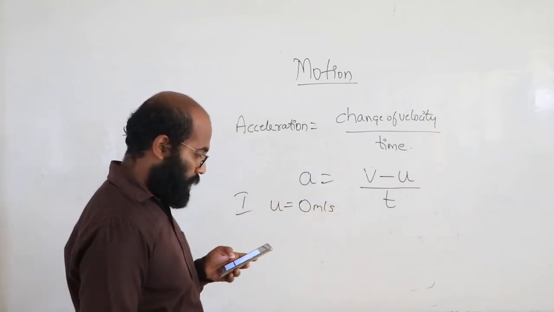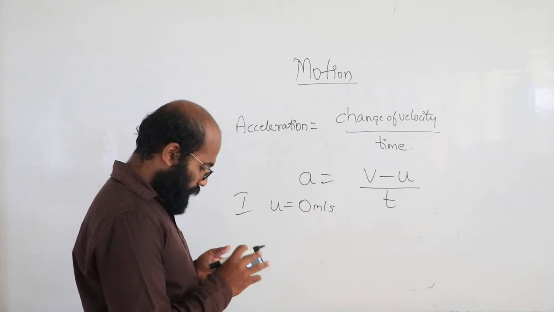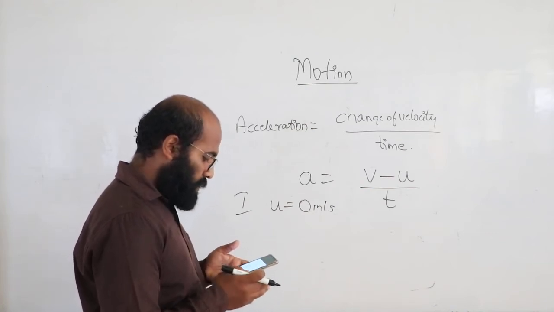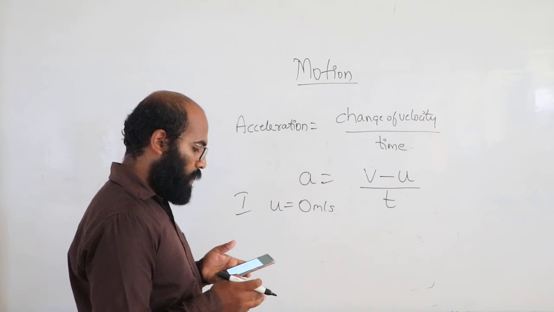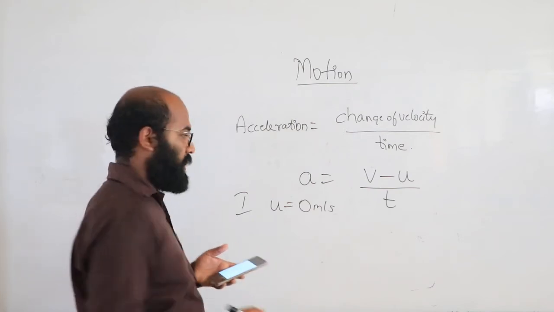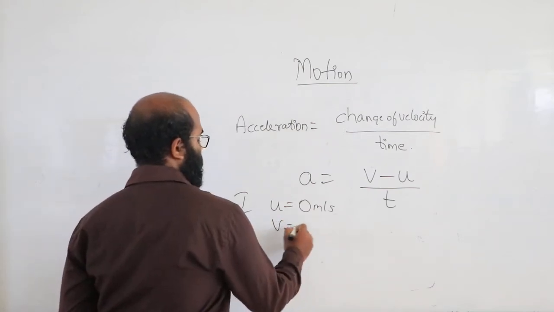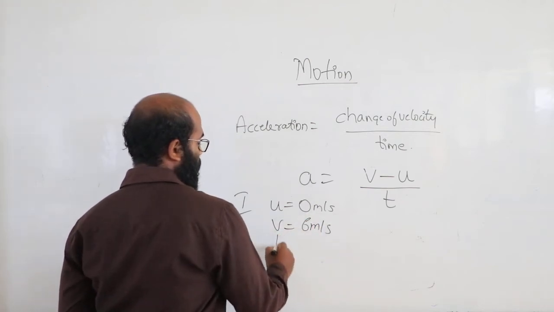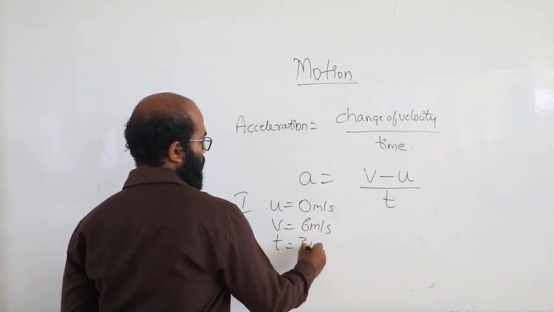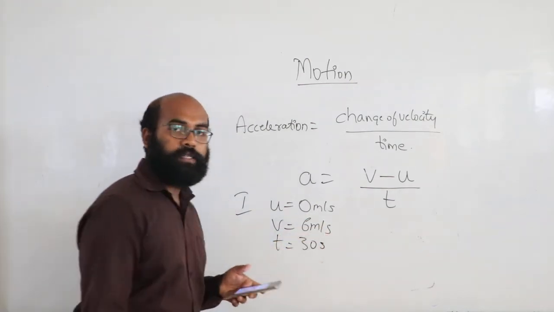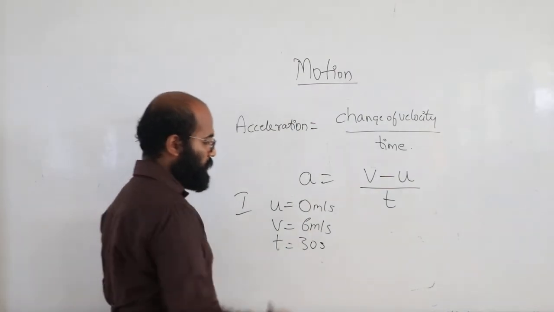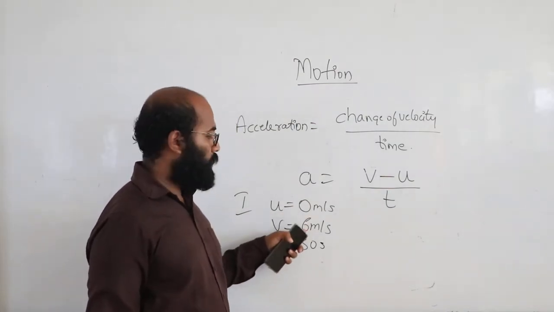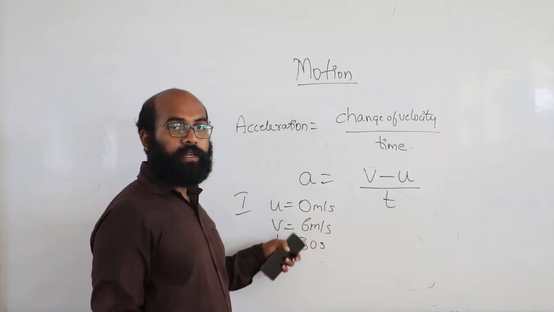Next, he pedals his bicycle to attain a velocity of 6 meter per second. So finally he attains a velocity of 6 meter per second. The time that he takes is 30 seconds. So starting from 0, he goes to 6 meter per second in 30 seconds.